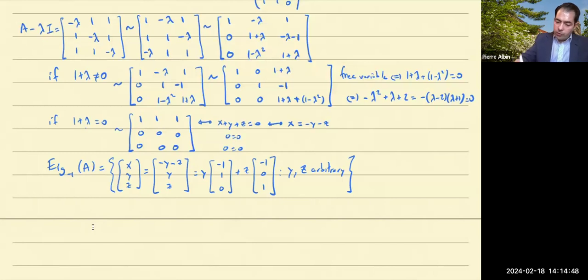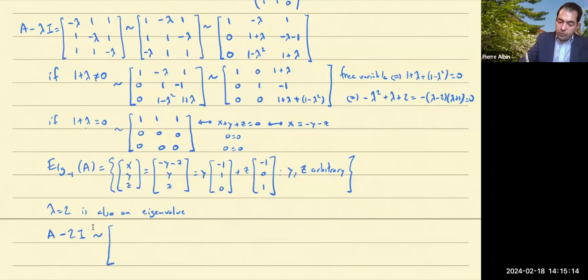Okay, so now let's look at this. Lambda equal to minus 1, we've already considered that one. So we just need lambda equal to 2. Lambda equal to 2 is also an eigenvalue. A minus 2 times the identity, right?